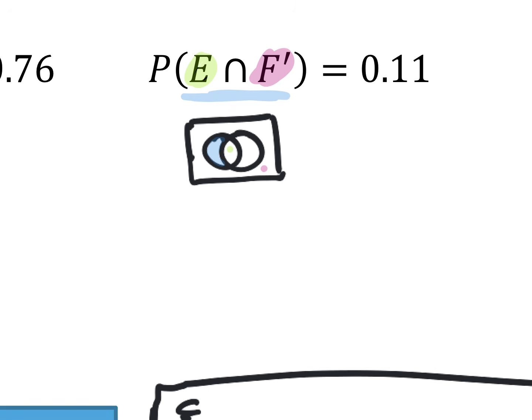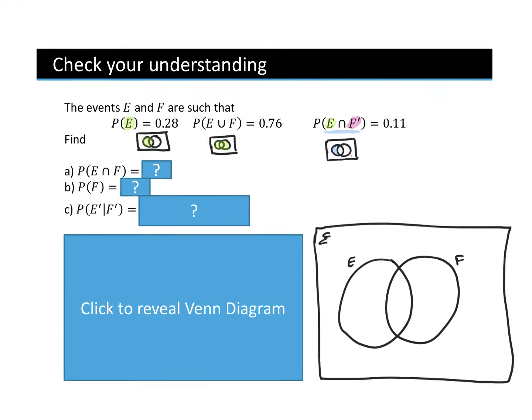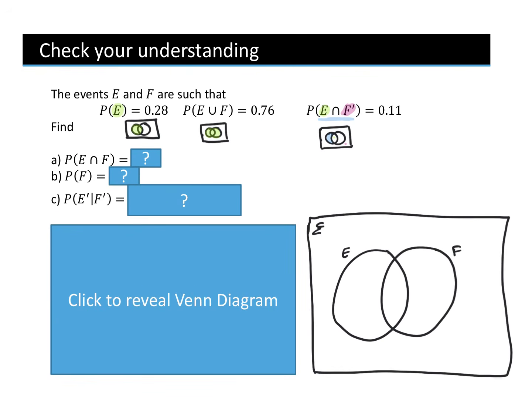So now you've got all this information, you are able to fill out your diagram. So you know that this section here is 0.11. But you know the whole of E is 0.28, so you're now able to work out this one, which is 0.17. You know the union, which is this, this, and this, adds to 0.76.